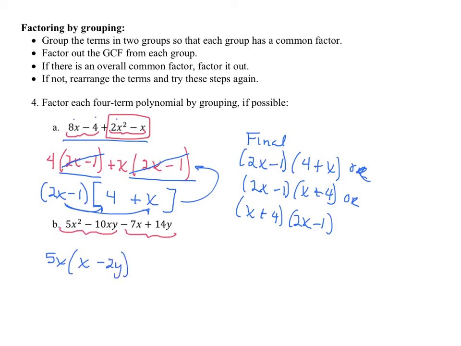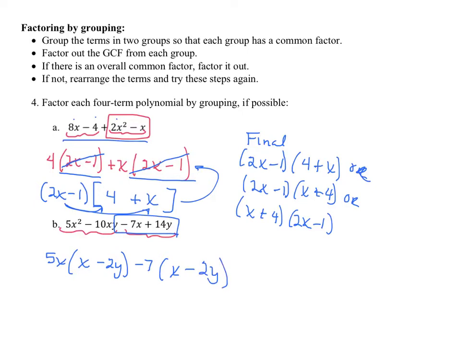2y. Now this guy right here is a little bit tricky. Whenever you have a minus in front, you're going to factor out that -1. So -7, because 7 can go into both. So I'm left with x, but not plus 14, not plus 2. You need that y in there. It's going to be a -2y.